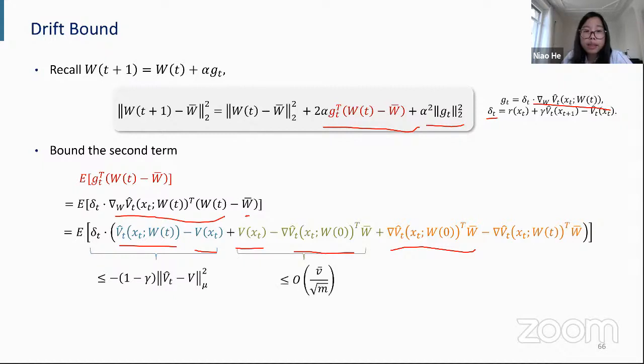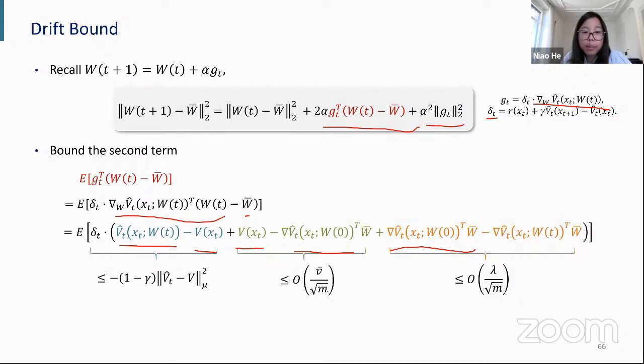If you look at the second term here, what is it? The second term basically measures, as we said earlier, if m goes to infinity, then this is going to converge to the neural tangent kernel value function, right? So the second term characterizes how good your function approximation is to the neural tangent kernel. That is controlled by this 1 over square root of m. And the last term is controlled by the difference between w0 and Wt, right?